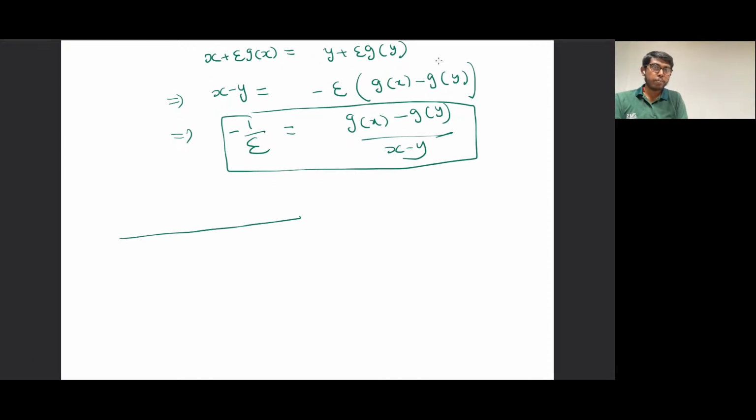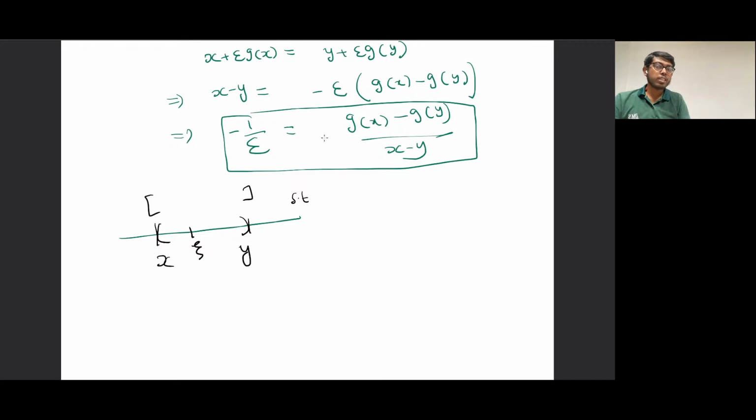So we'll apply the mean value theorem, which says that if g is continuous in the closed interval [x, y] and differentiable in the open interval (x, y), then I can find a chi such that this thing equals g prime of chi.